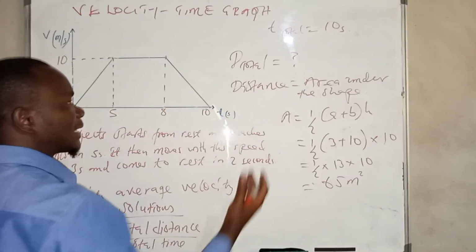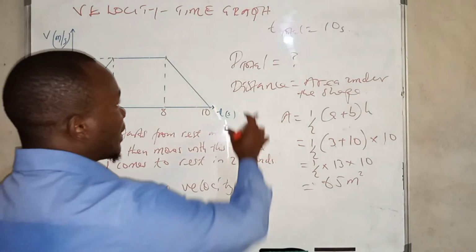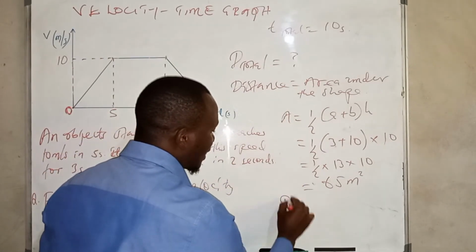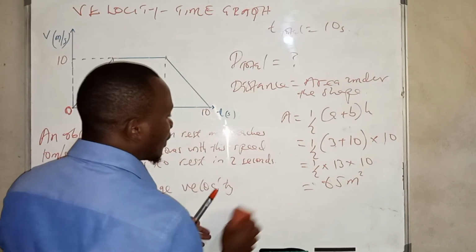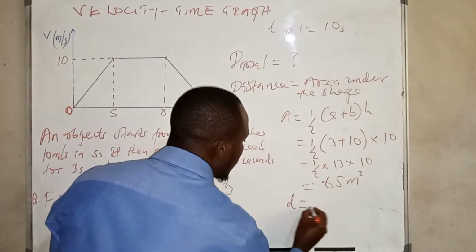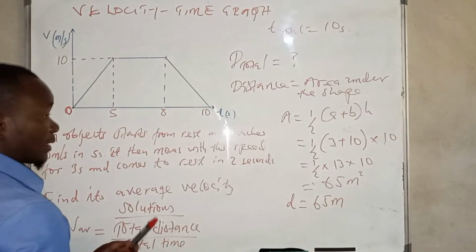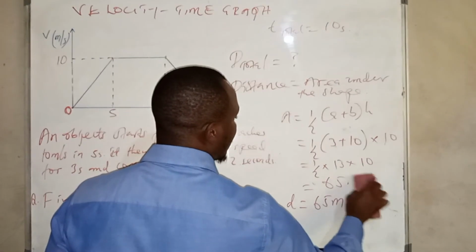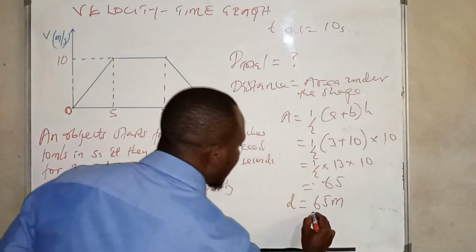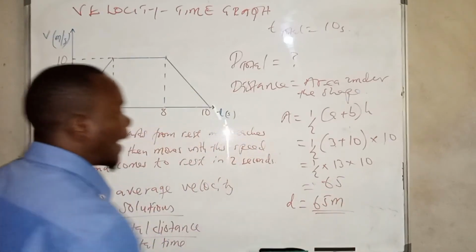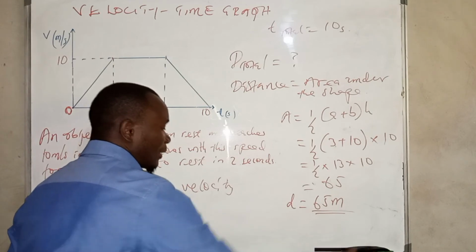But since we're looking for distance, and we know that distance is equal to area under the shape, distance will be equal to 65 meters. So we shouldn't be confused by this. The units for distance is meters, the units for length.